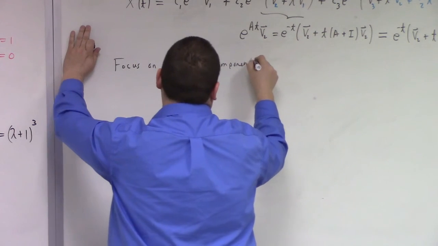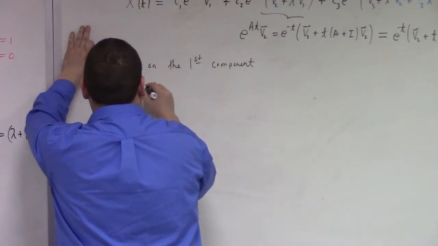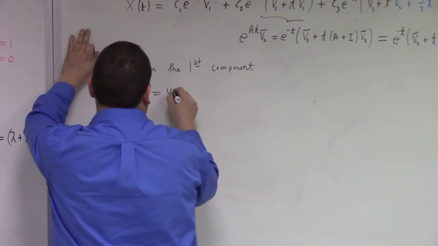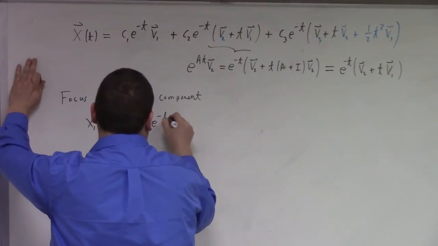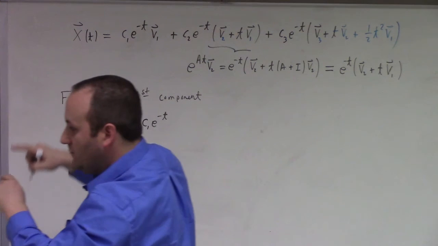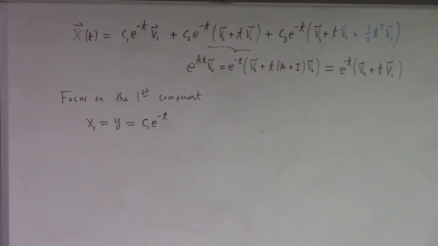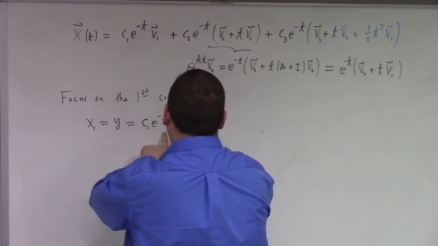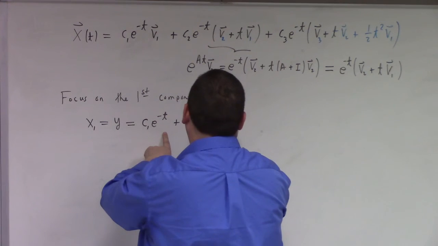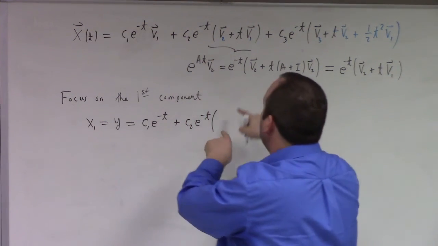What does that give us? You guys have to follow along here. We have x1 is equal to y, c1 e to the minus t. What's the top component in v1? It's 1, right? So that's a 1. Plus c2 e to the minus t. Now you guys tell me, what do I put here?